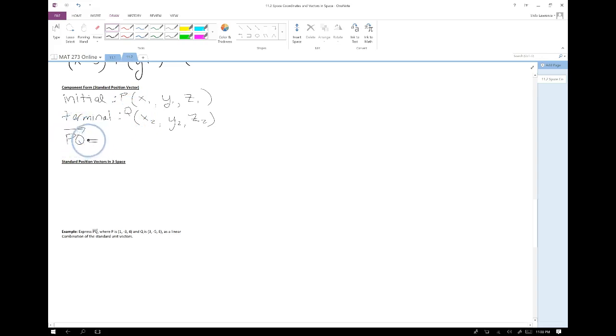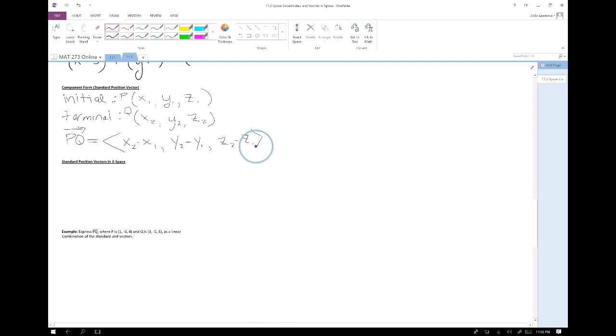Vector PQ in component form we get by subtracting the initial point from the terminal point. So the first component would be x2 minus x1. The second component is y2 minus y1. And the third component is z2 minus z1.